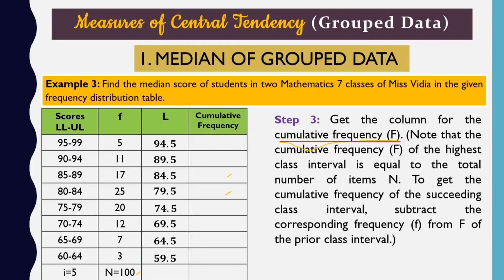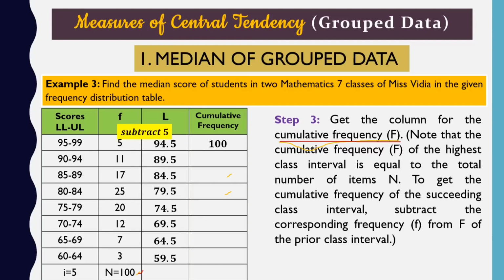And to get the cumulative frequency of the succeeding class interval, we simply subtract the corresponding frequency from F of the prior class interval. With that instruction, we start with the value of n, which is 100. The cumulative frequency of the highest interval is 100.